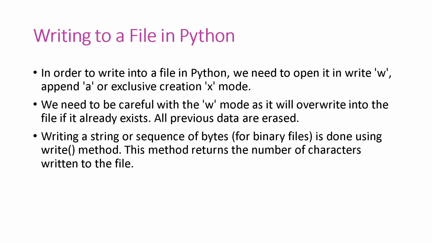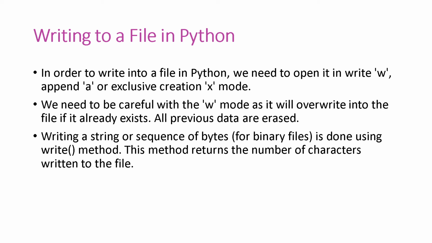But we need to be careful with the W mode, because we mentioned last time that when we use W mode, whatever we write to the file will completely overwrite everything that was in that file previously. It takes everything that was in the file before, gets rid of it, and puts whatever new thing we write to it.